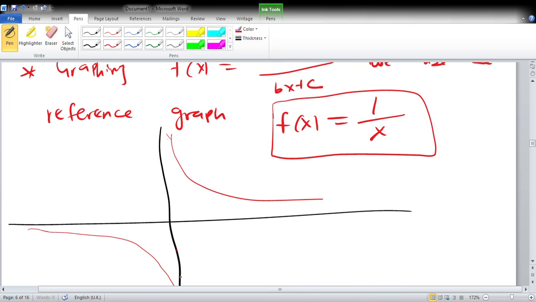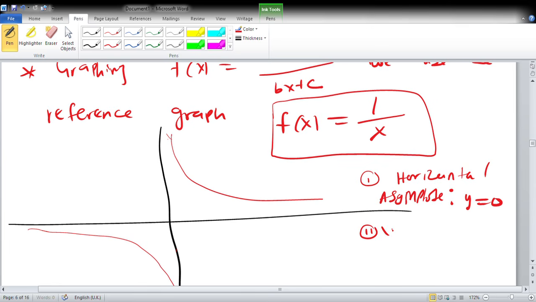So f of x equals 1 over x has, number one, a horizontal asymptote of y equals 0, and it also has a vertical asymptote of x equals 0. These are the two things you have to understand from the 1 over x function.